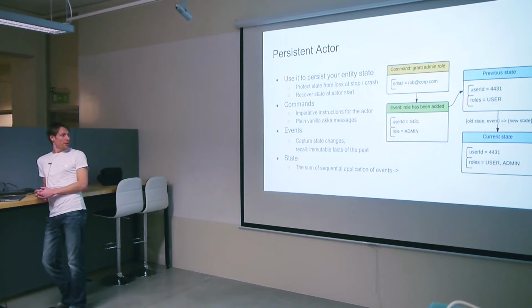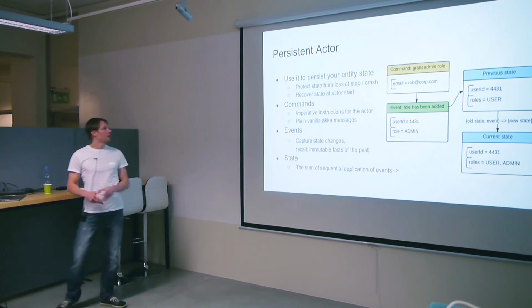They capture state changes, and again, they hold the same properties. They are immutable facts of the past, and their application cannot fail due to this deterministic function. And the state. The state is pretty much your plain vanilla actor state, but it's just modified by applying events to it.